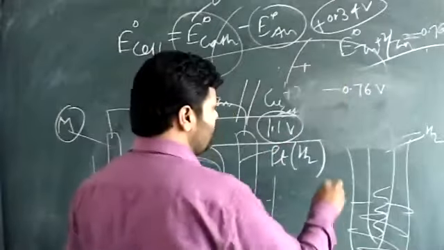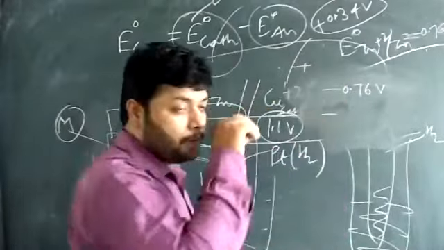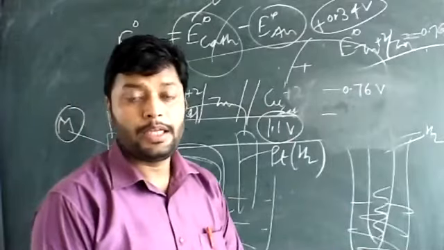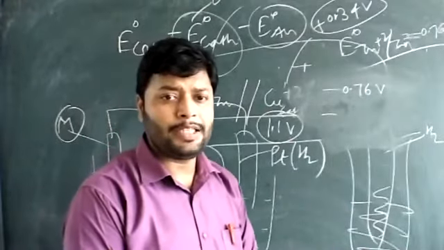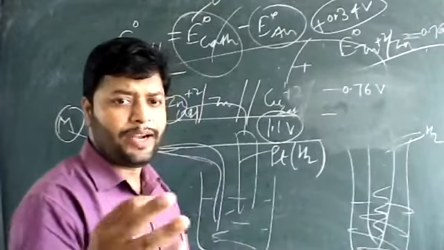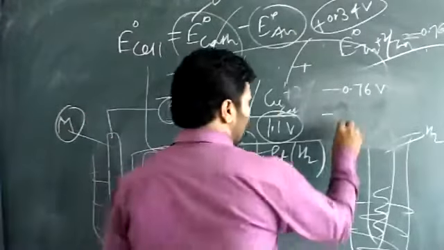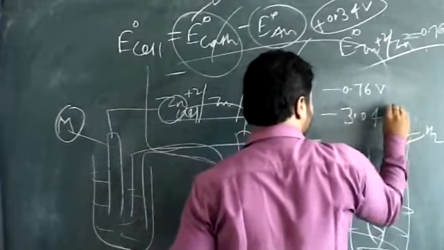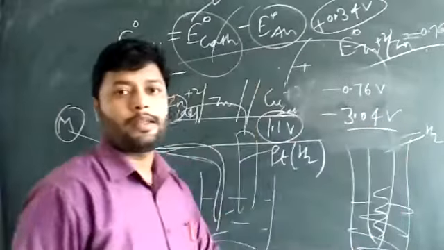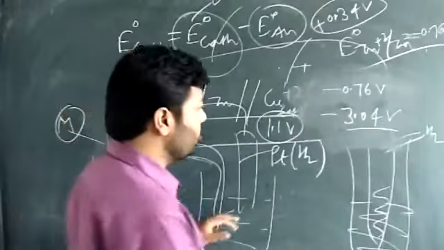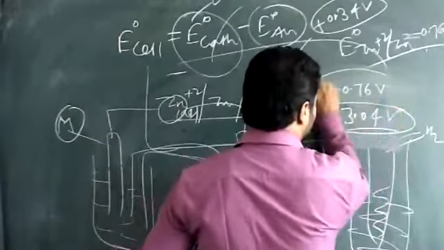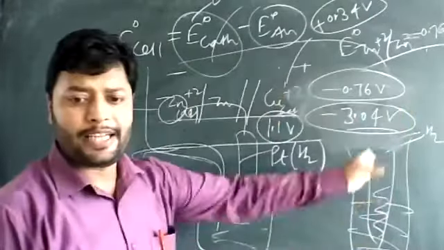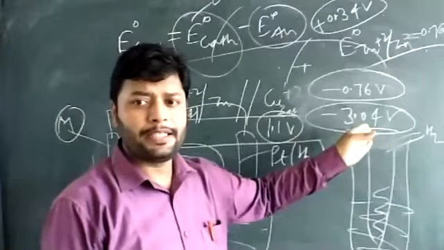And suppose we are having the value of lithium. What is the value of lithium? I think 3 point something, 3.04. So suppose we are having the values of lithium and zinc. Let's compare it.